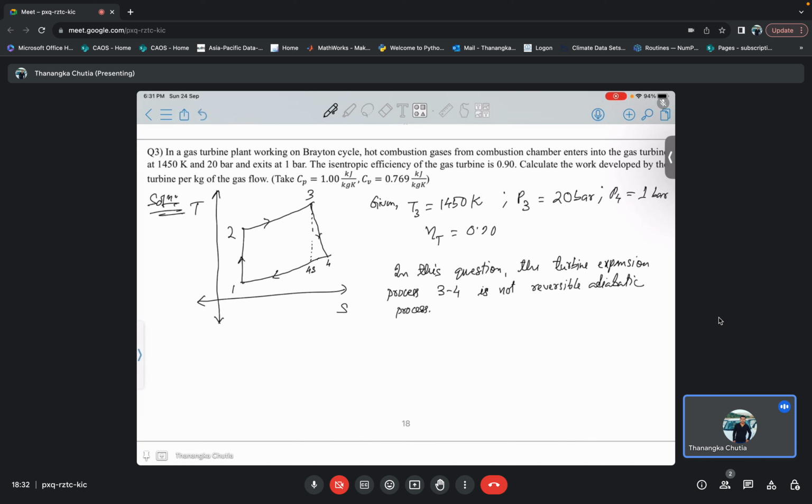So then in that case, how will we do this? One thing is given to us, that eta isentropic.